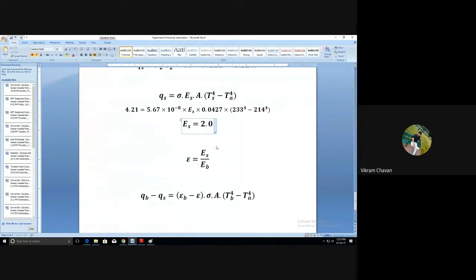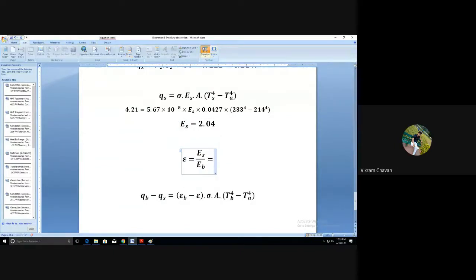Okay, 2.04, right? E suffix S is 2.04. Then calculate the emissivity.